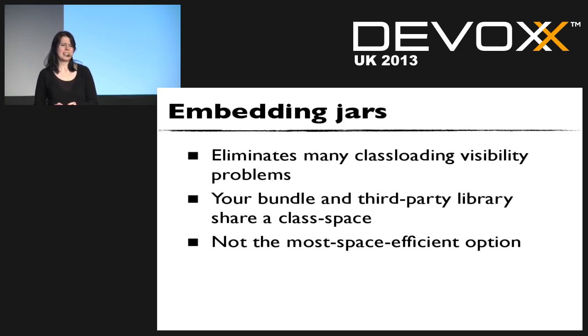If they do things like reflective class loading, that can cause problems. If your third-party library is embedded in your bundle, it shares the class space with its consumer, and that can sometimes eliminate some problems.